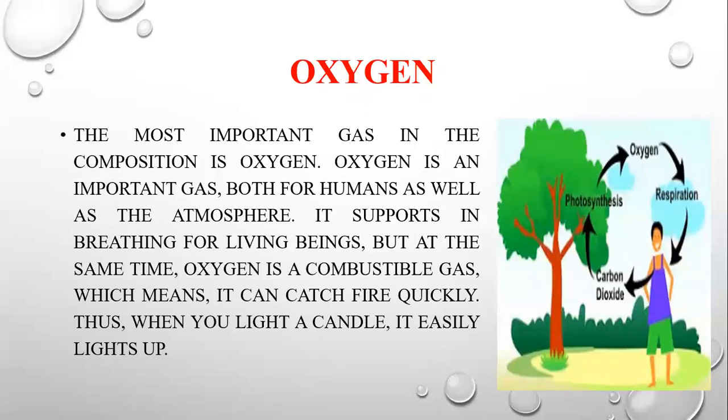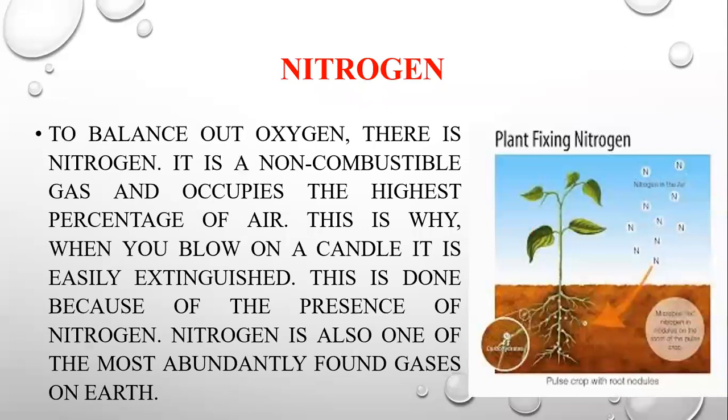So this is a cycle which normally happens: release of oxygen from the plants, release of carbon dioxide from the human beings, taking in of oxygen by the human beings and taking in of carbon dioxide by the plants, and this cycle goes on. It balances the composition of the air.